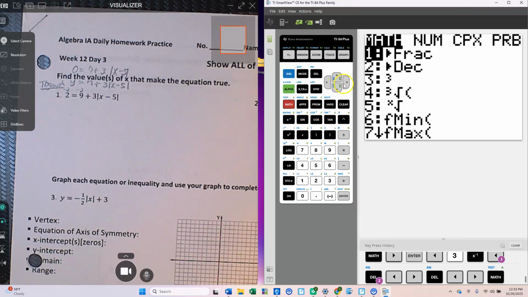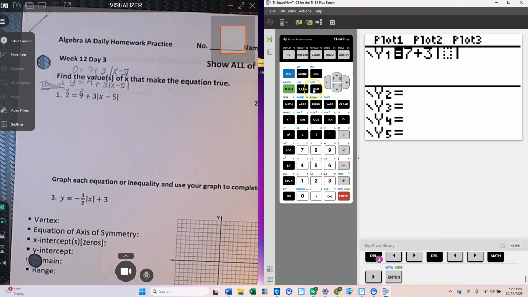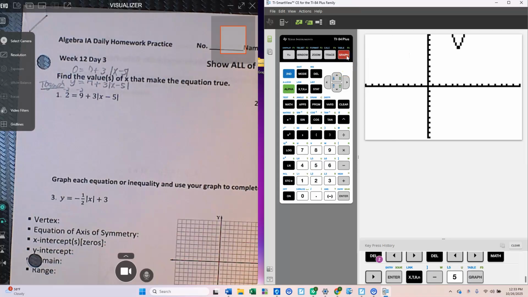Math, right to add number, abs. Okay, so we're going to see that this one has no solution.